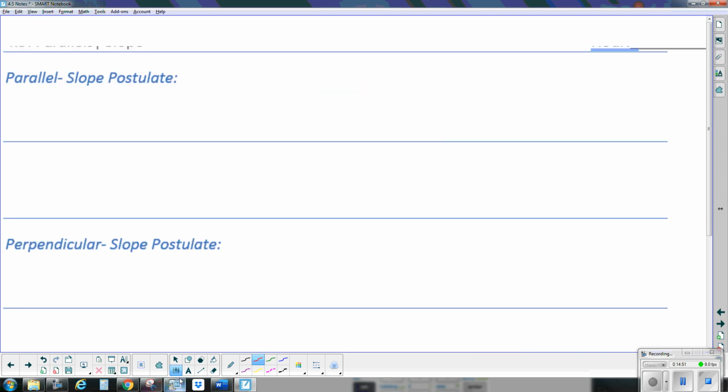Okay, we have a couple new postulates in this lesson. The first one is the parallel slope postulate, and this says that if two distinct non-vertical lines have the same slope, then they are parallel.